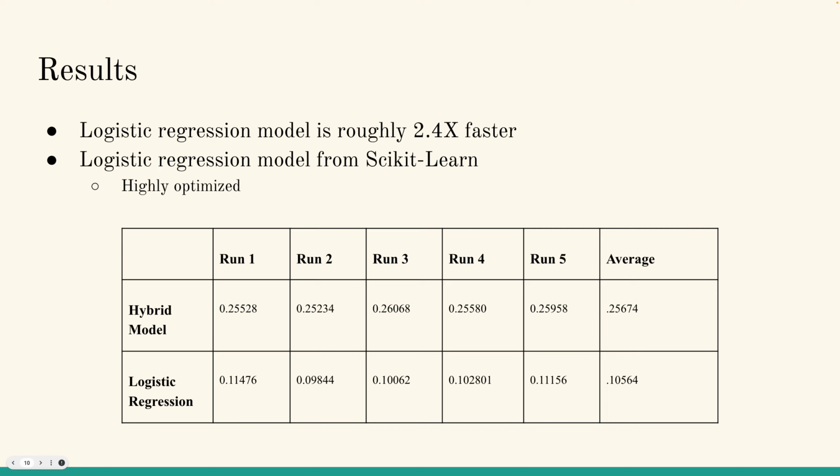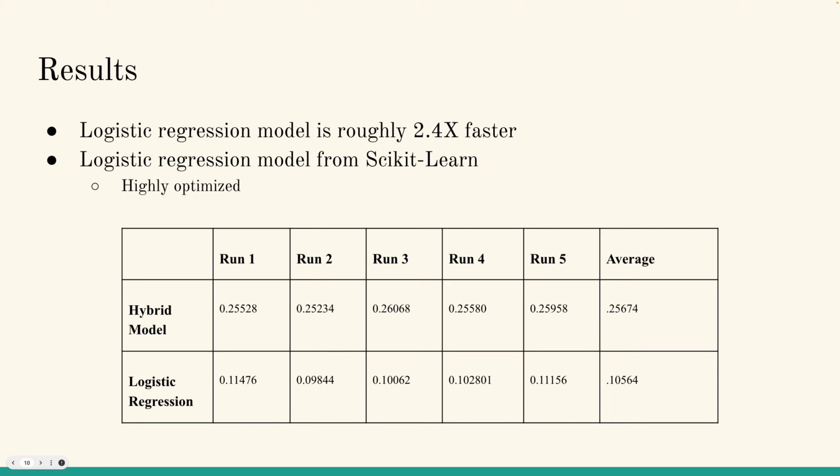Next, we'll begin looking at the results for the model runtimes. So here in the table, we can see the values for the hybrid model and the logistic regression, and these values are in seconds.